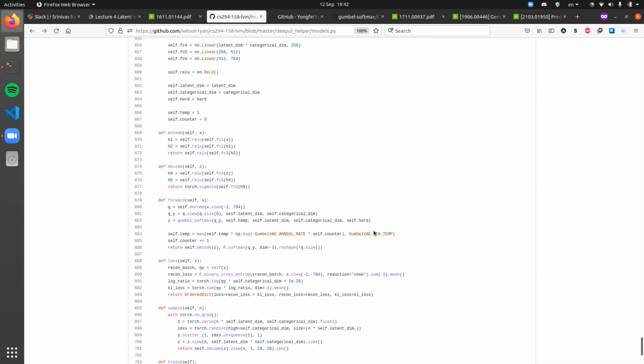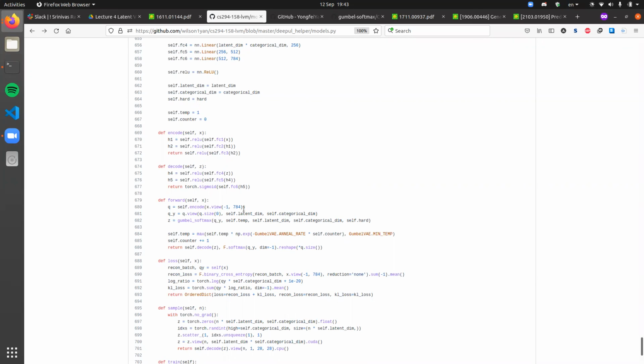And as we go further in training, we can have a lower temperature, and that will make the backpropagation more sparse, but the samples from the distribution closer to the actual samples.